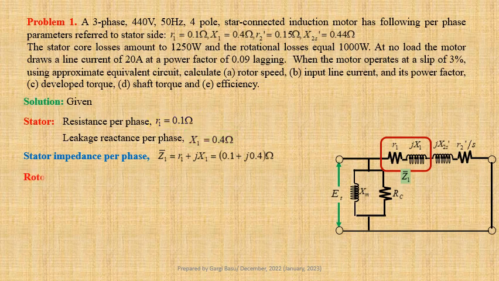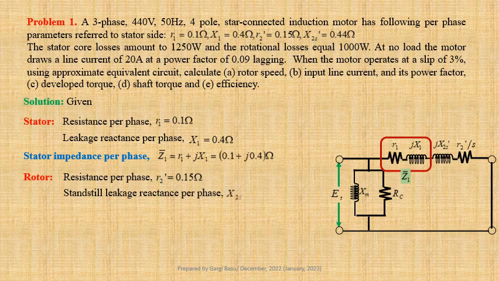For rotor winding, given resistance per phase referred to the stator R2 dash equals 0.15 ohm and standstill leakage reactance per phase X2S dash equals 0.44 ohm.